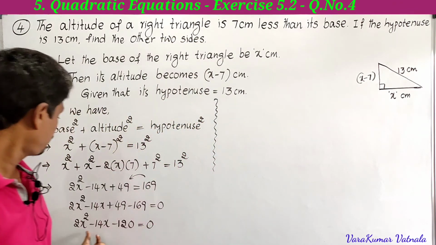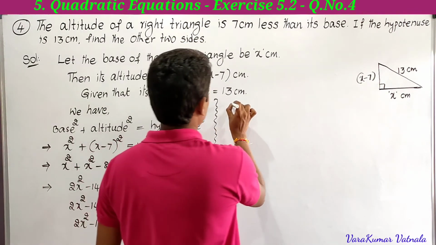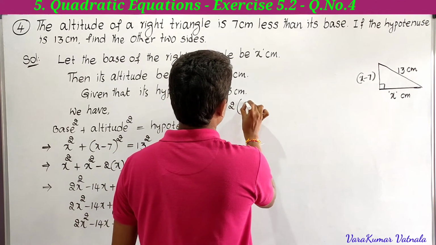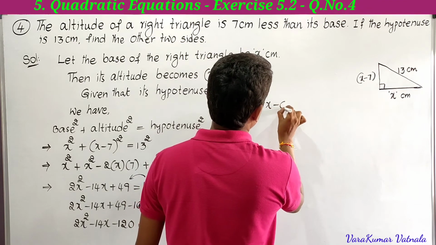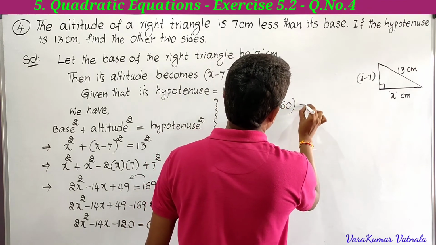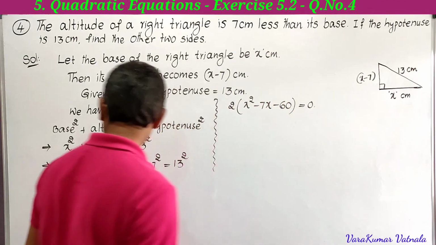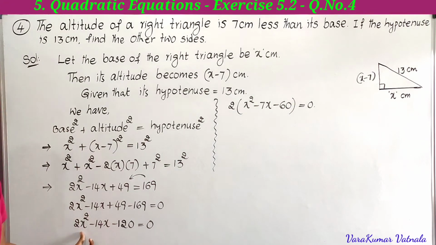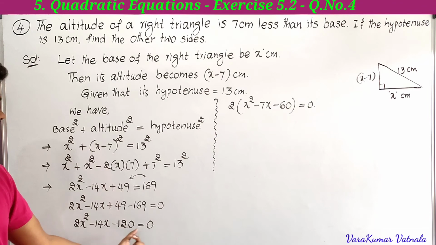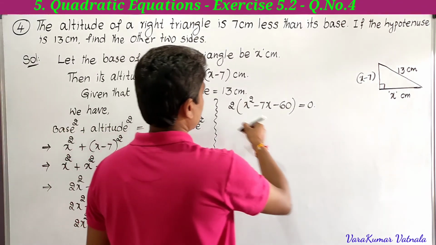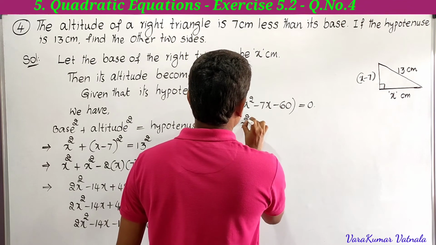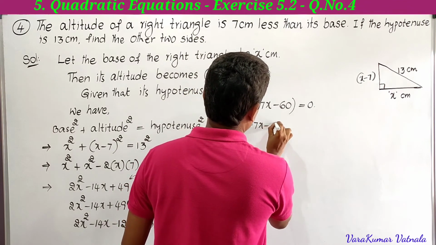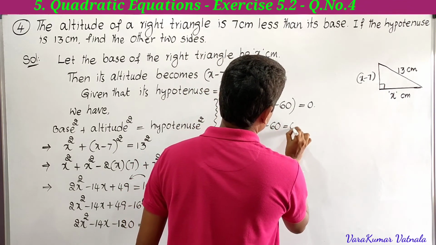If we take 2 as common, we get 2 into (x square minus 7x minus 60) is equal to 0. Take 2 to the right side. Finally we get x square minus 7x minus 60 is equal to 0.